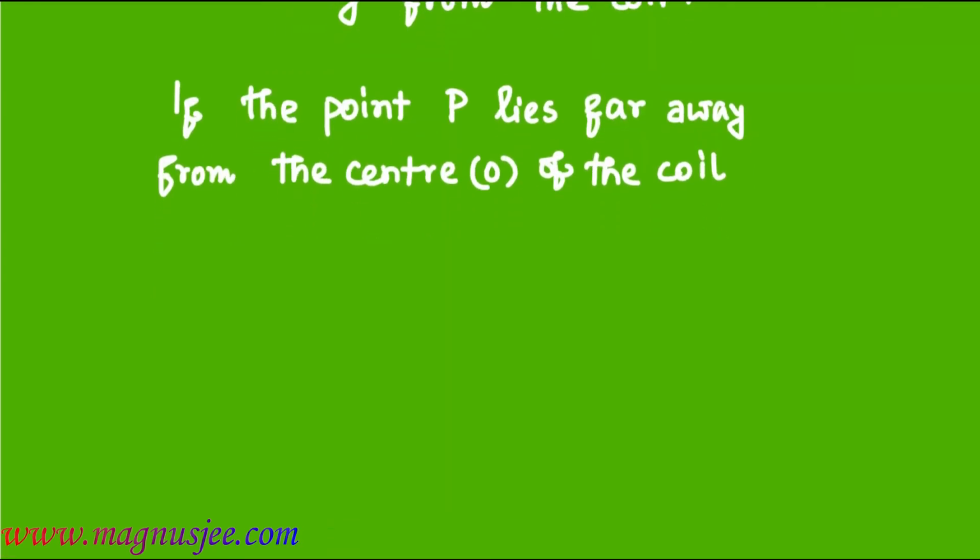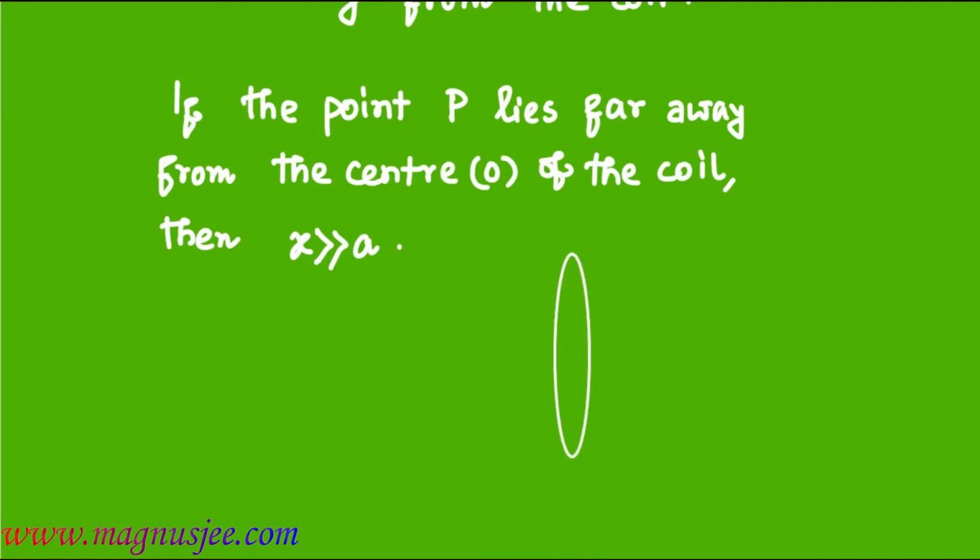The distance of the point P from the center of the coil, that is x, will be much greater than the radius a. Then x will be much greater than a.